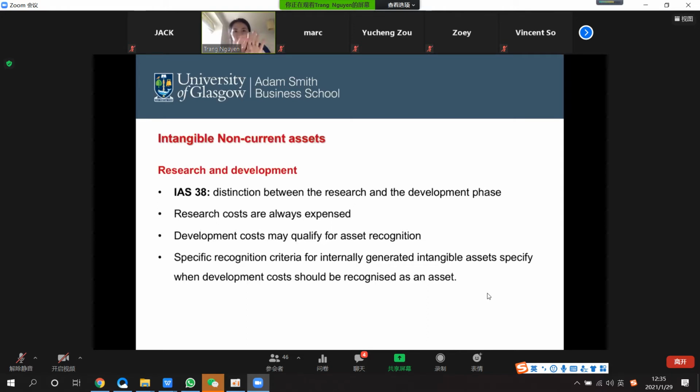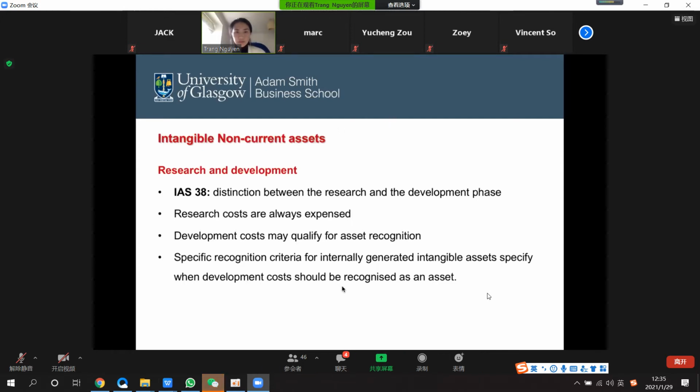But we can split between research and development. Remember, we need to record research costs as expenses, and depreciation from the development cost as expenses as well. Okay, so that's the thing we need to know.